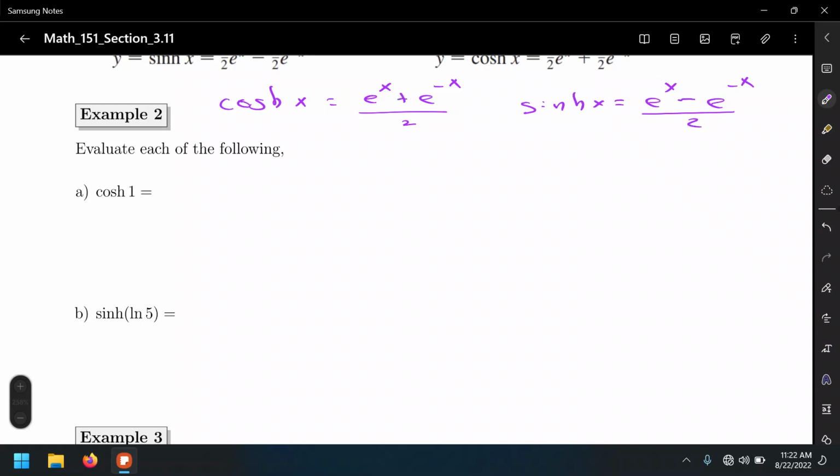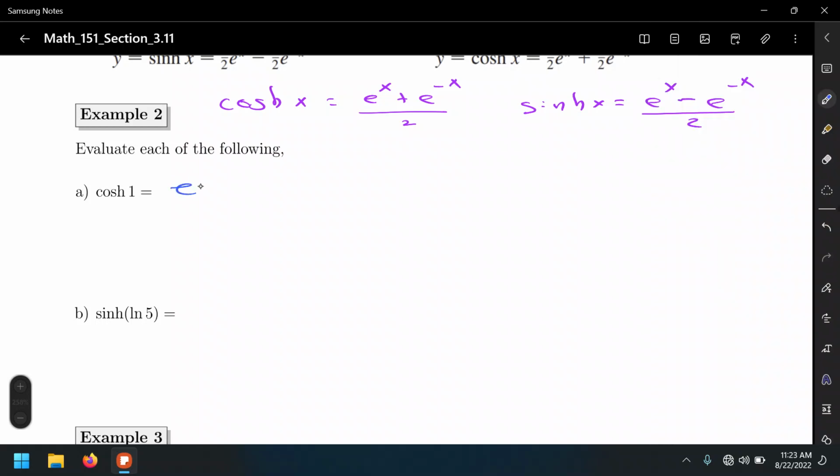They both look the same, just the sign in between the exponentials in the numerator of each definition. So for cosh 1, just like any other function, all we do is replace x with whatever value we have for x. In this case it is 1.